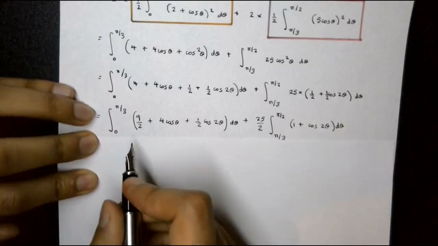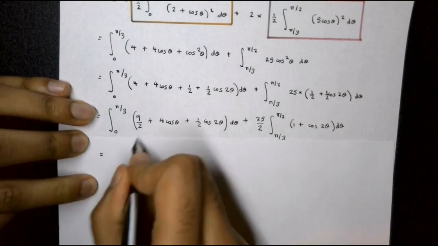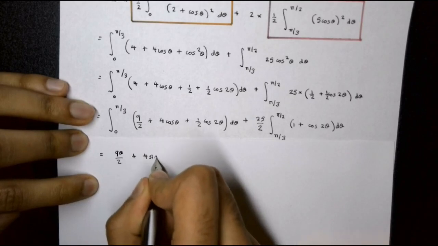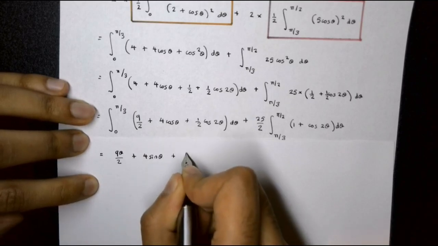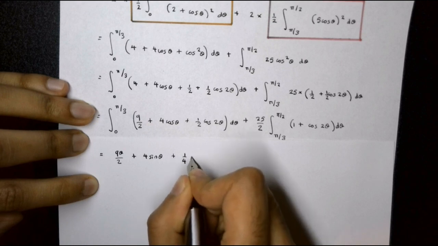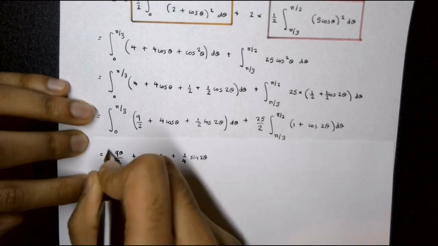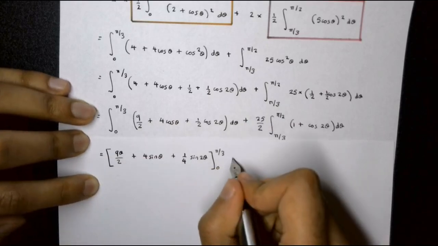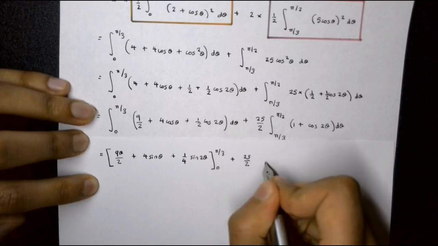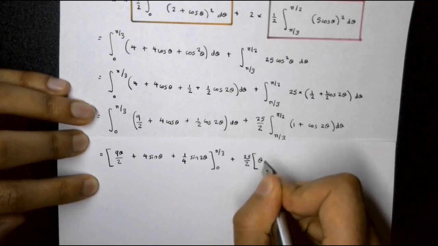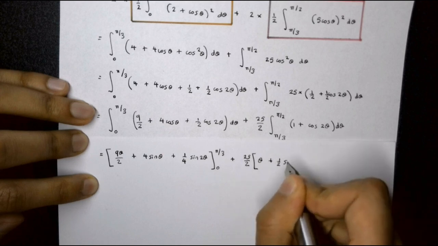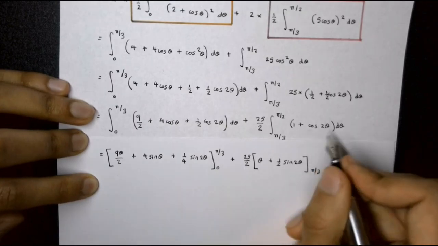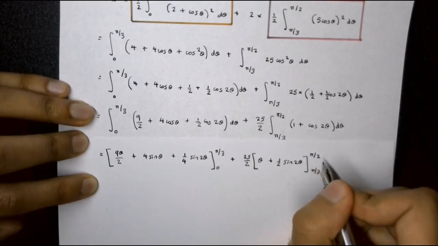So here, if we work this out, we've got 9 theta over 2 plus 4 sine theta plus 1/4 sine 2 theta. We're going to evaluate this between 0 and pi over 3. And then we've got 25 over 2, lots of theta plus 1/2 sine 2 theta in between pi over 3 and pi over 2.